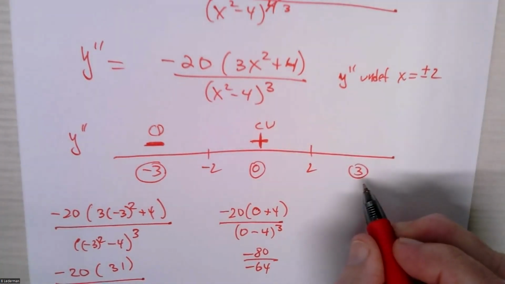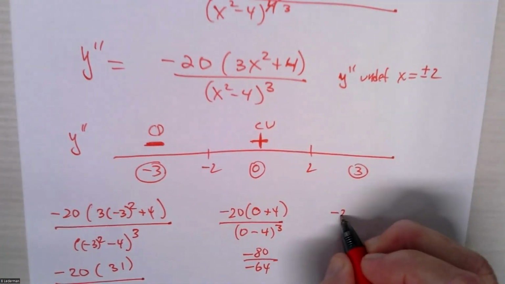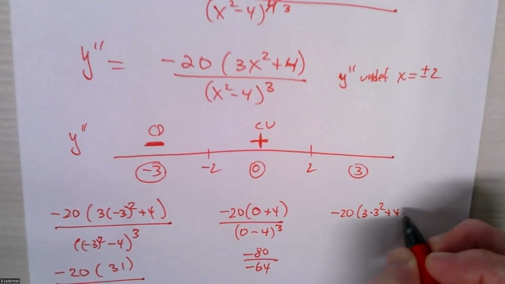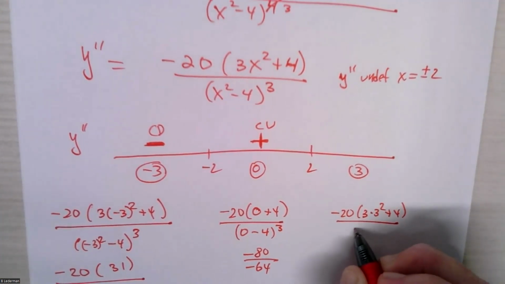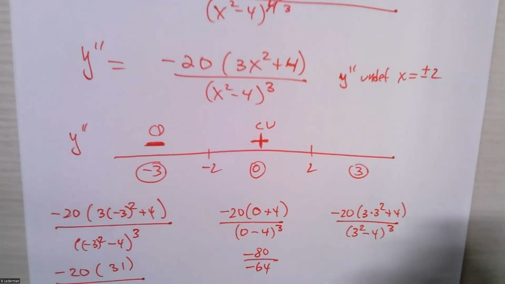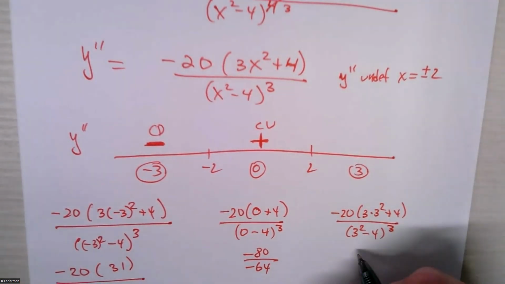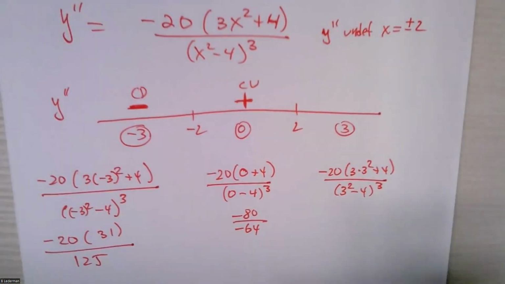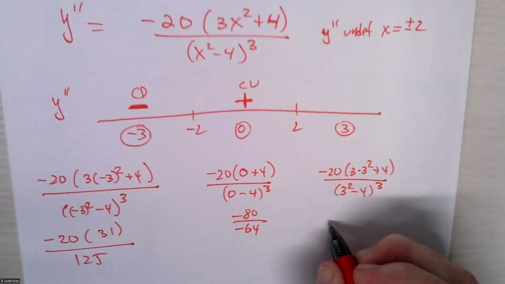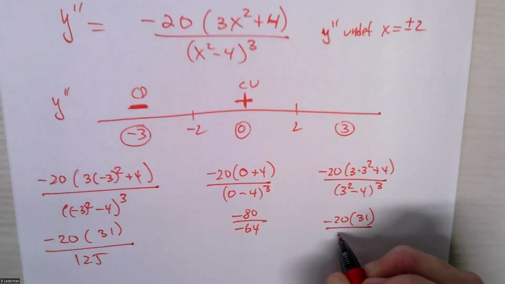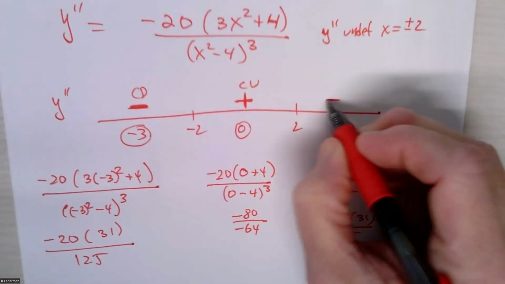And for x equals 3, I have negative 20 times 3 squared plus 4 over 3 squared minus 4 to the third power, which actually winds up being the exact same number that I got over here, negative 20 times 31 over positive 125, which is negative.